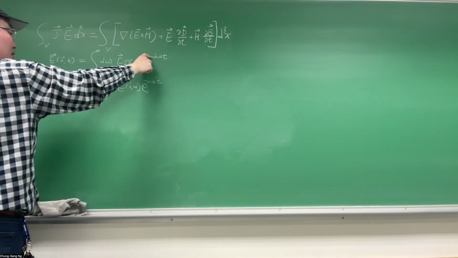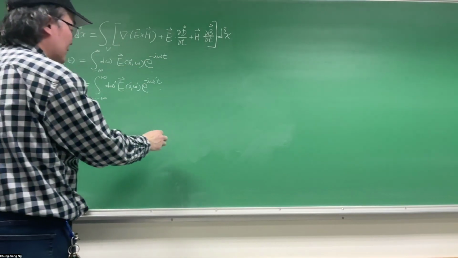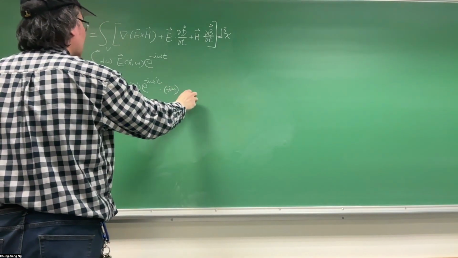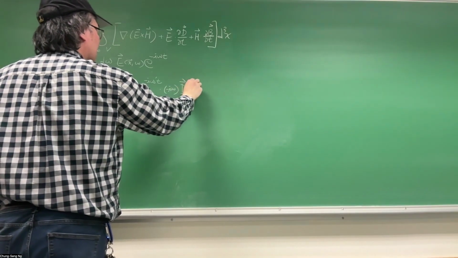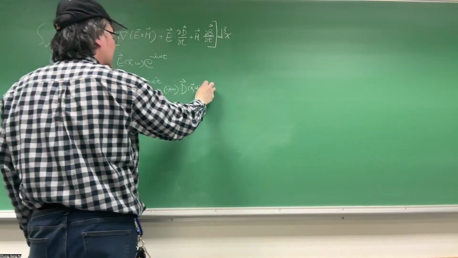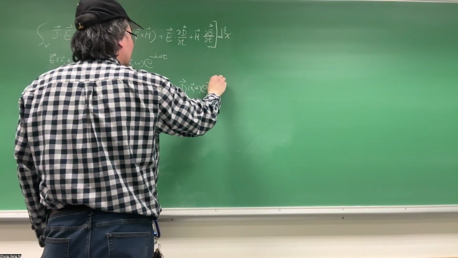In this case, you will pull out a factor minus i. So you have minus i and the same thing. Now it's omega instead of omega prime, and then you have e to the minus i omega t.